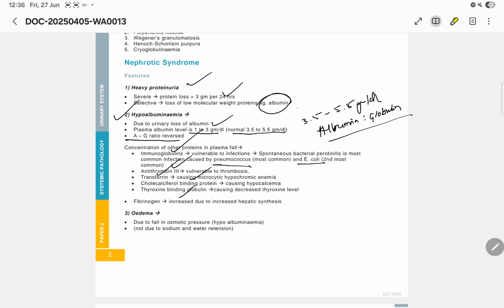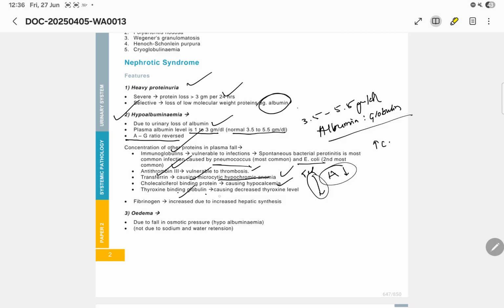A decrease in antithrombin 3 leads to thrombosis. If transferrin is reduced, we can see microcytic hypochromic anemia because it is iron deficiency anemia. When the cholecalciferol binding protein is reduced, we can see hypocalcemia because cholecalciferol is required for the transport of calcium.